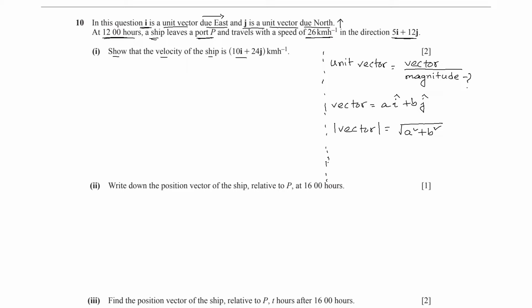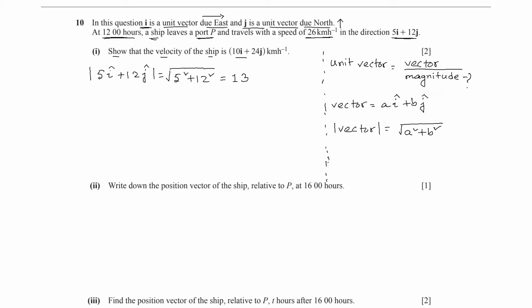Now let's get back to the actual problem and let's start solving it. At first we need the unit vector in the direction of 5i plus 12j, but in order to get the unit vector we need the magnitude. So let's find the magnitude of 5i plus 12j. It would be equal to the square root of 5 squared plus 12 squared, which is equal to 13.